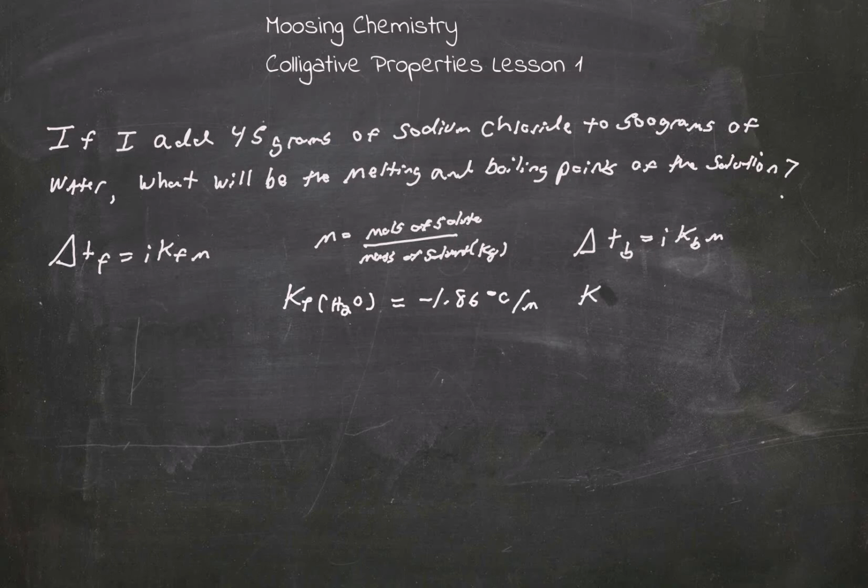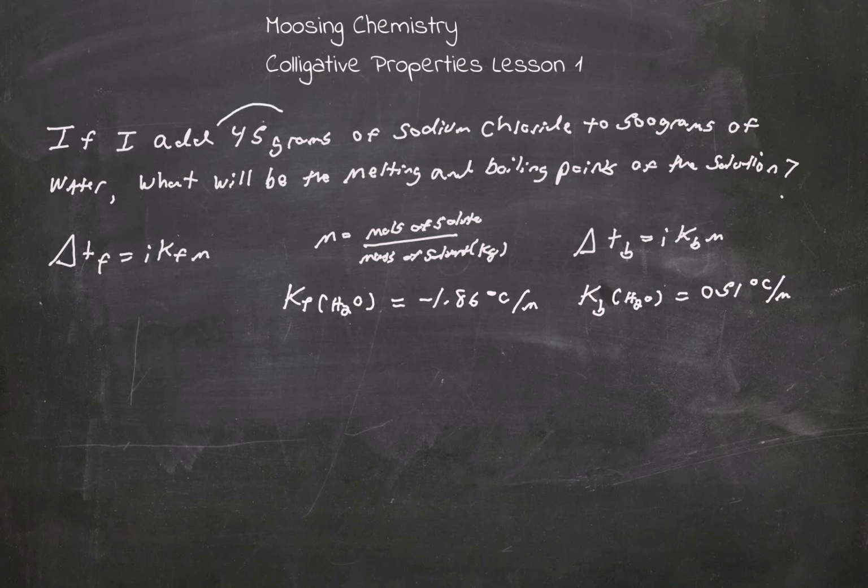And the Kb, the boiling point constant for water, is going to be 0.51 degrees C over little m. Okay, now, let's go ahead and set up our problem.